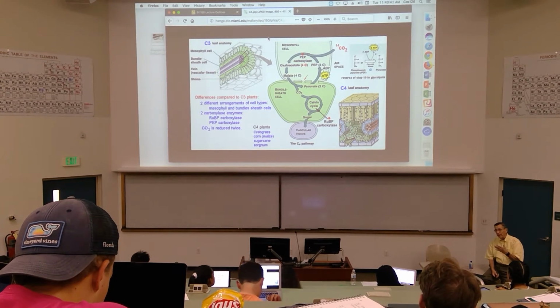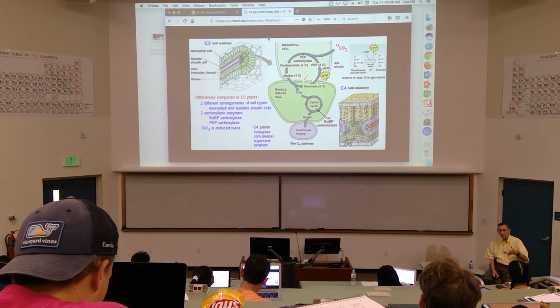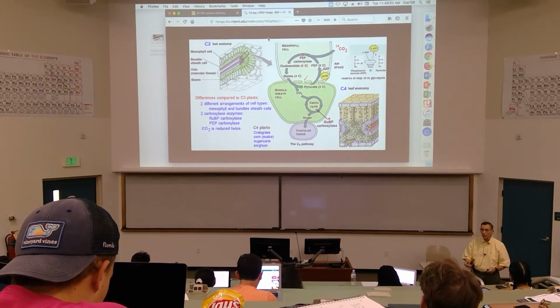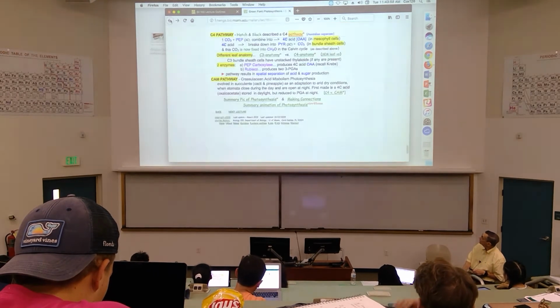So you have an anatomical and biochemical adaptation to an increasing concentration of oxygen to get away from the process of photorespiration, just like the Illinois researchers are trying to do by genetically modifying the organisms that exist.